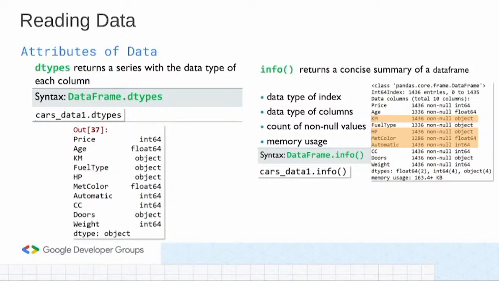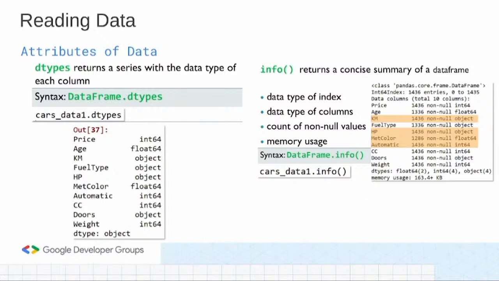Now let's look at what is also given, called info. Info basically returns a concise summary of a data frame. The concise summary includes the data type of the index, the index being the row labels, and the data type of each column.